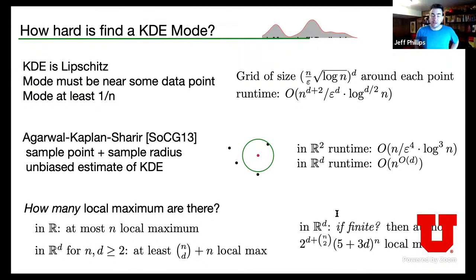What's an upper bound? Well, it's not clear that the number is even finite. The best upper bound to date that we were able to find is 2 to the D plus n choose 2, and D to the n local maxima. So there is an upper bound on it, but it's a pretty big upper bound.